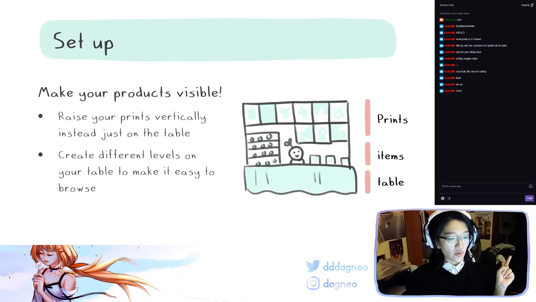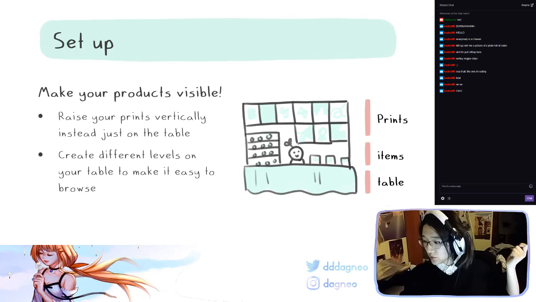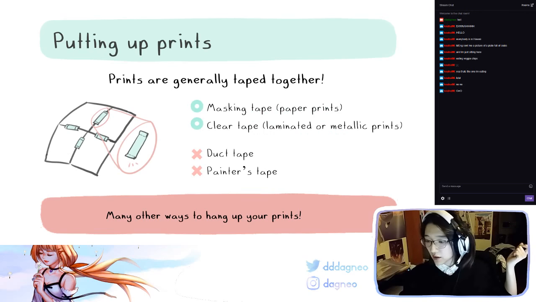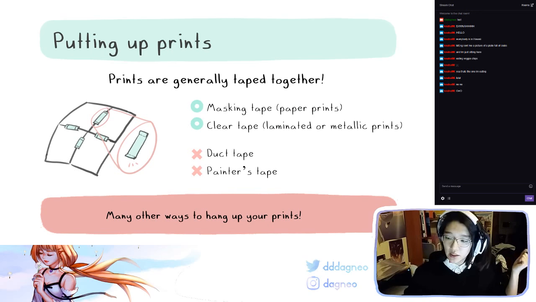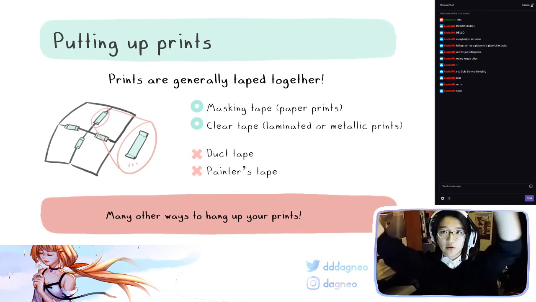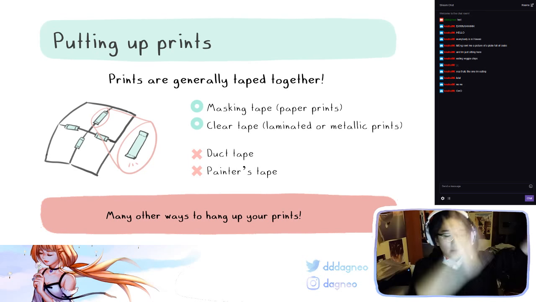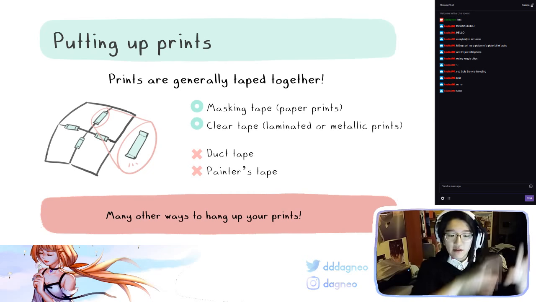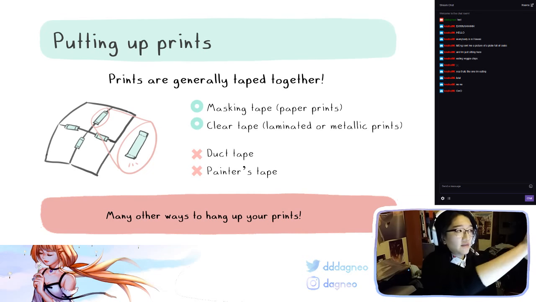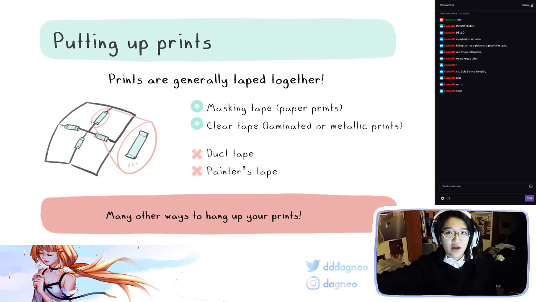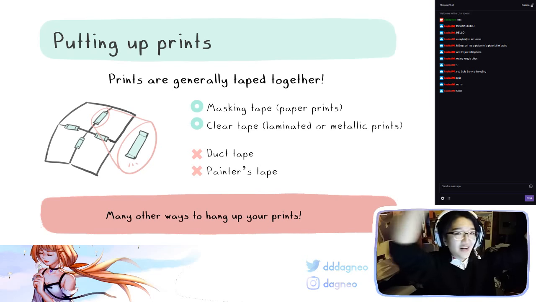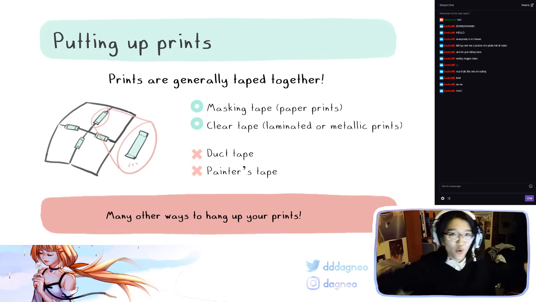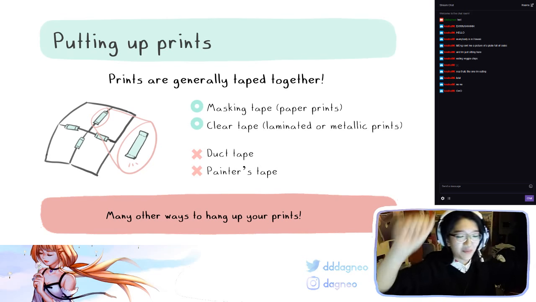Okay, so I already said that usually prints are raised up vertically above your table, but now I'll talk about how it's usually done. Prints are generally taped together in tiles behind you. If you have like 5 prints in a row, you tape them together and tape them up on top of whatever holster you have to lift up the prints.